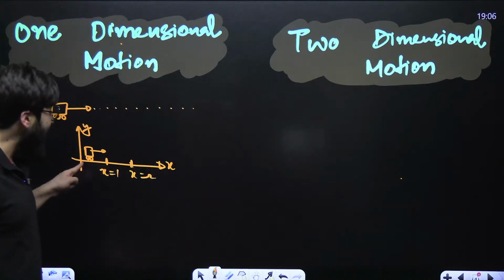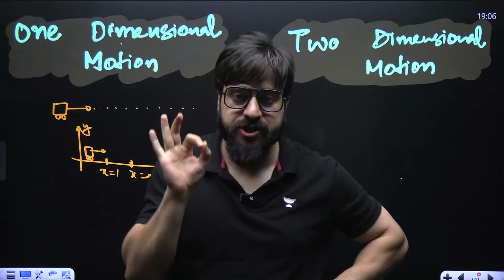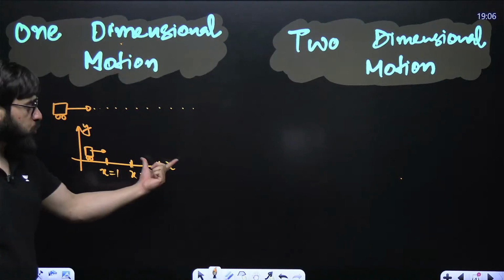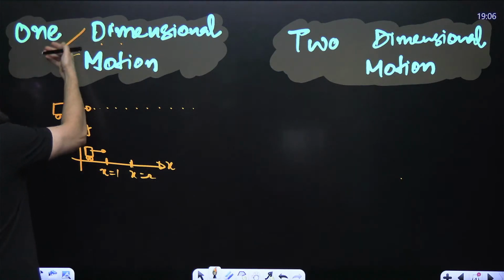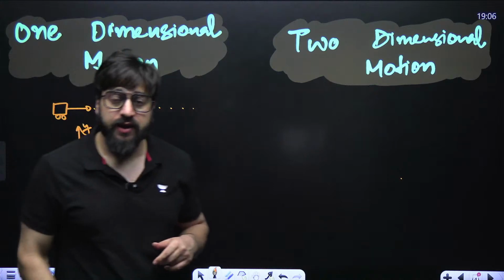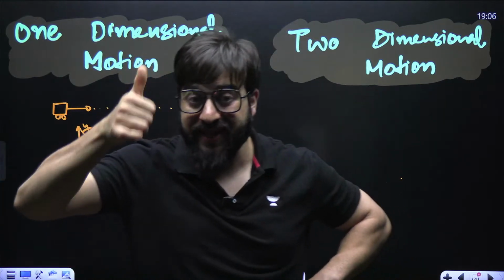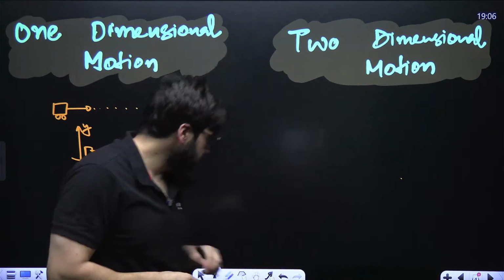But its y coordinate is not changing. It is only moving in one direction, the x direction. So this is what we call one-dimensional motion, in which the particle is moving in only one dimension, either x or y or z.